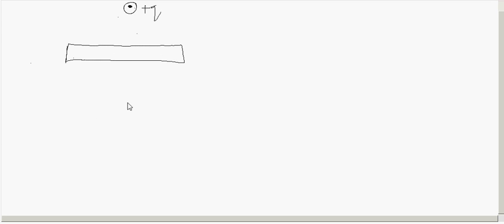So what will happen is, plus Q, I'll draw a little bit down so that I can mark the field lines clearly. So we have the uncharged conduction plate.